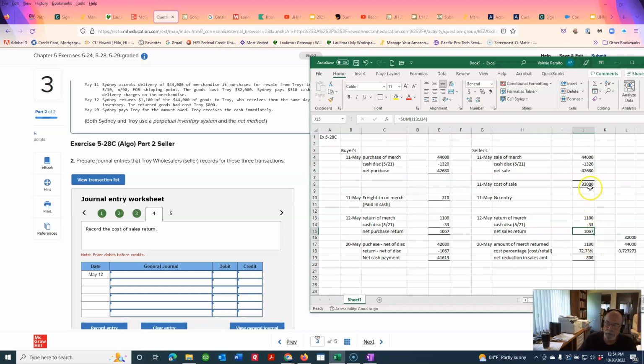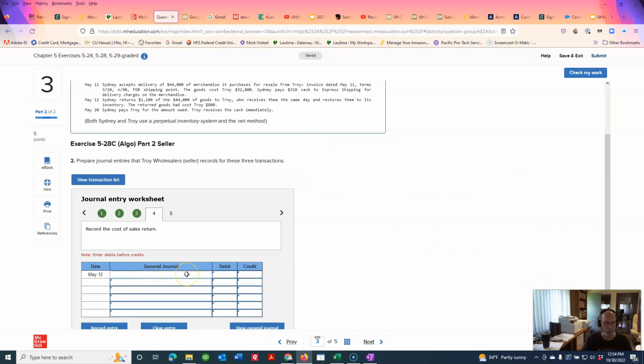Now the seller needs to also show that of the cost of sale of $32,000, this merchandise is essentially being returned to inventory at the equivalent amount of 32 over 44, which is this calculation here, which I am applying to the amount of the sale return at retail to give us a net return of merchandise to the seller's inventory of $800. Now, I hope that makes sense.